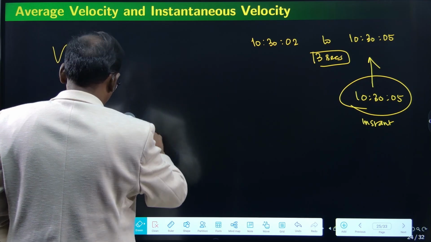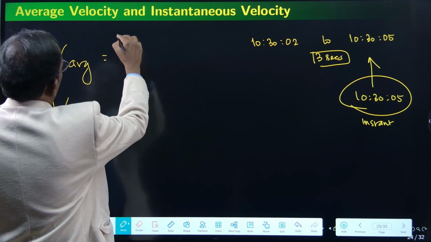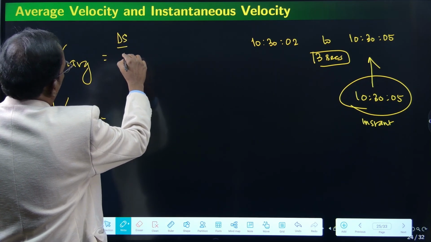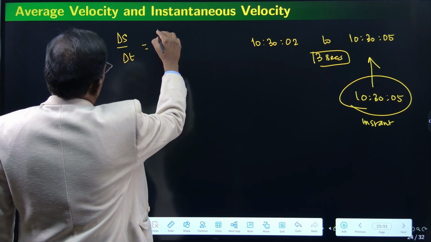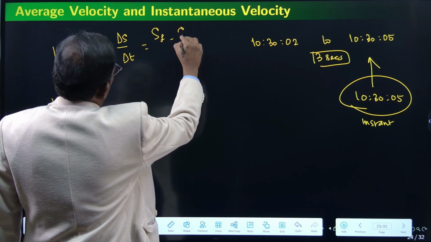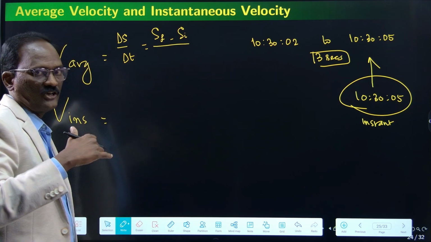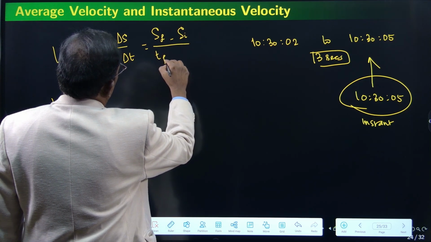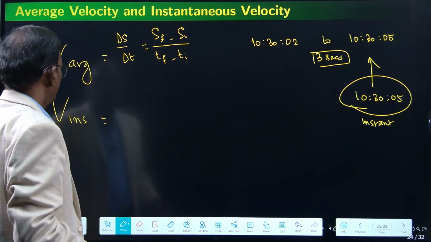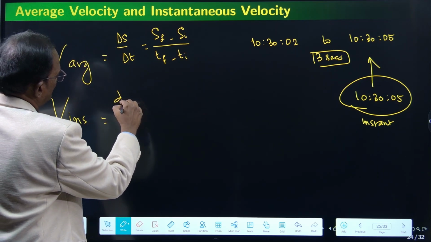Distance by time. Yes. Delta S by delta T, meter per second. So final minus initial: how much distance you have covered, then final time minus initial time. So this is ds by dt.